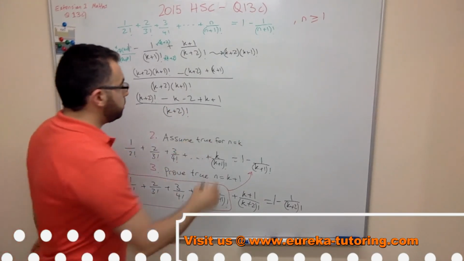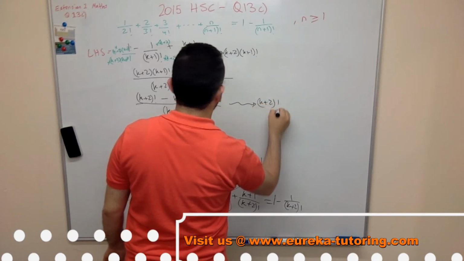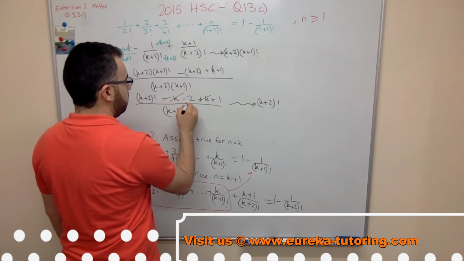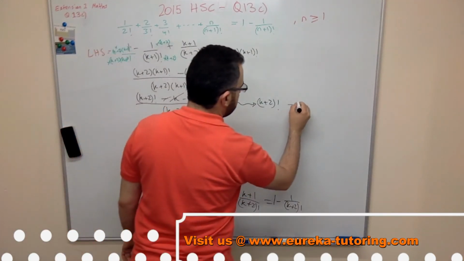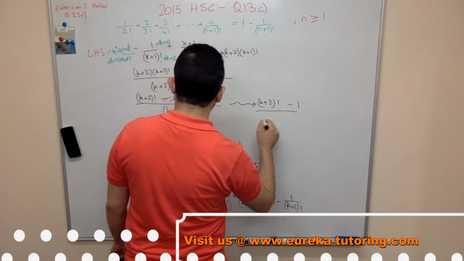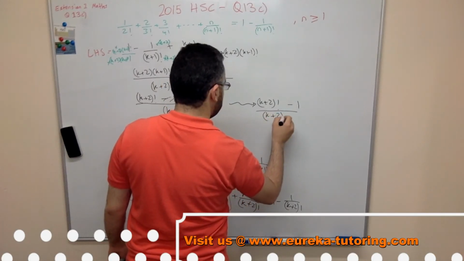Clean up the like terms. (k plus 2) factorial minus k plus k just cancels. Minus 2 plus 1 is minus 1 over (k plus 2) factorial.